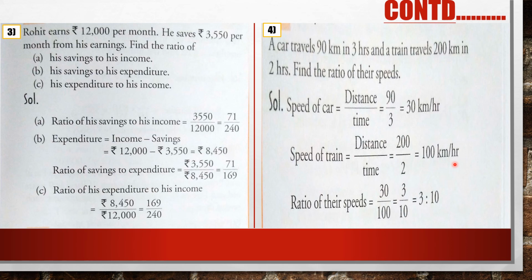Now find the ratio of their speeds. Ratio of car to train is equal to 30 by 100. 0 gets cancelled, we get 3 by 10. Hence, ratio of their speeds is 3 is to 10. In this way, we can solve word problems related to ratio.